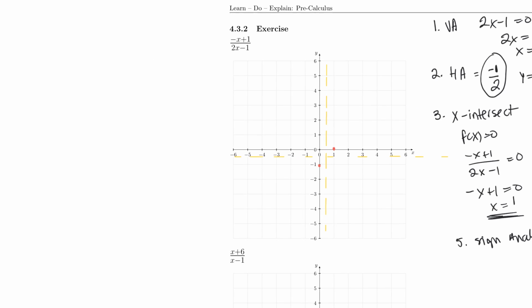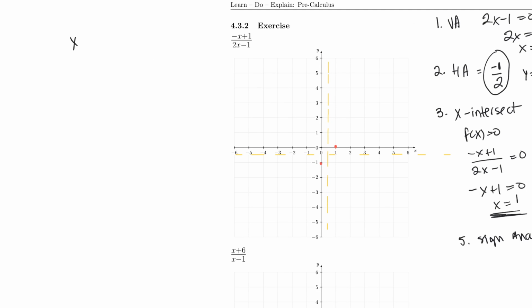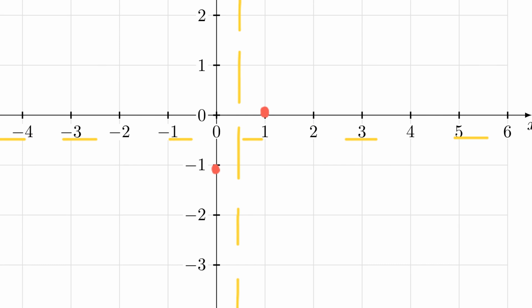Okay, so on this side, if we get x equals to 2, then y is equal to minus 2 plus 1 divided by 2 times 2 minus 1, and this is equal to minus 0.3. Okay, so when x is equal to 2, then y is equal to minus 0.3. That is very, very close to the asymptote. It will be somewhere over here.